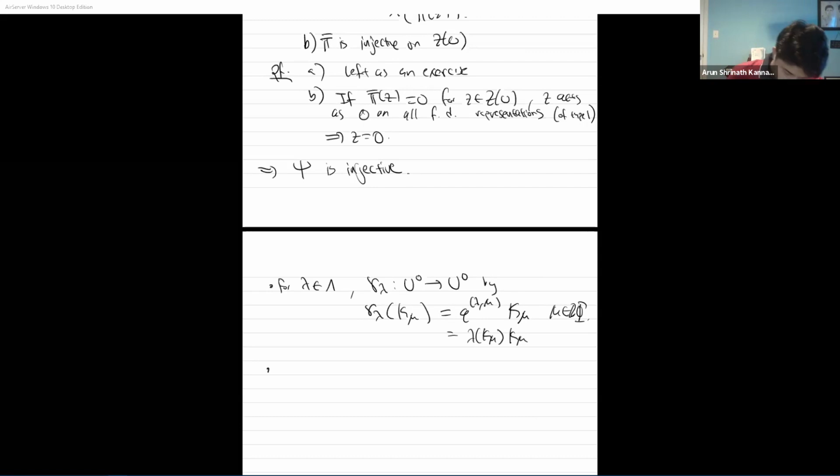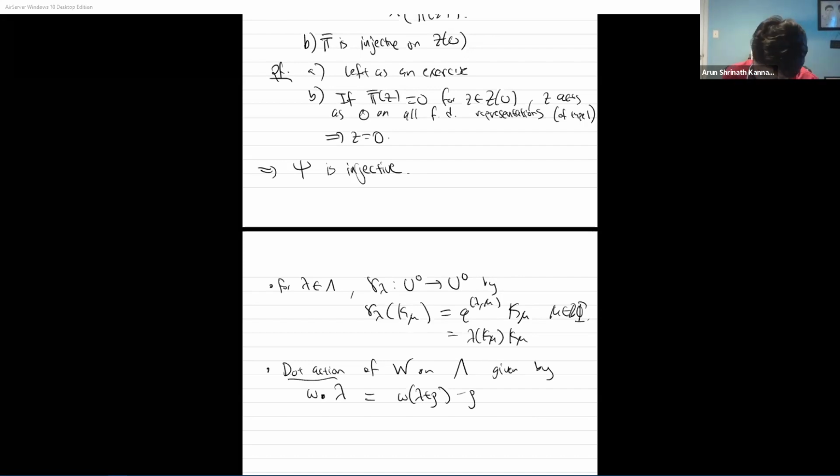Okay, and then we also have this so-called dot action of the Weyl group on the weight lattice given by w dot lambda is equal to the usual action applied to lambda plus rho and then subtract off rho. So it's kind of like rho shifted.